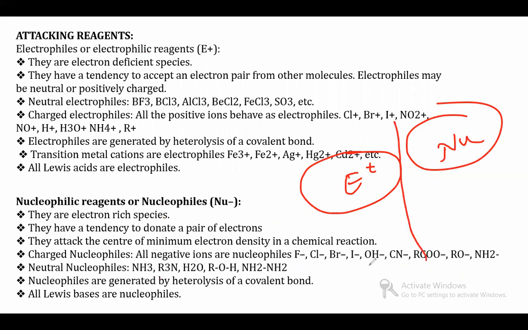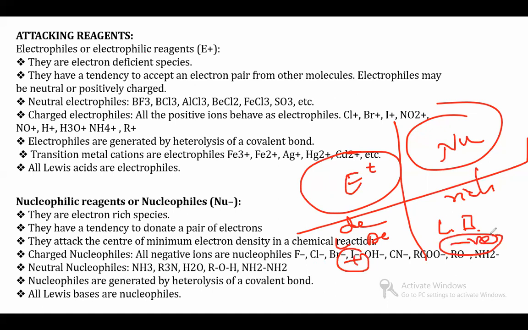Both are formed by heterolytic cleavage. Electrophiles act as Lewis acids and nucleophiles are Lewis bases. Electrophiles have a positive charge or are neutral, and nucleophiles have a negative charge or are neutral. Nucleophiles have a tendency to donate electrons and electrophiles to accept electrons. An electrophile attacks the site of maximum electron density, such as a carbon with a negative charge, and a nucleophile attacks the site of minimum electron density. That is the difference between electrophile and nucleophile.